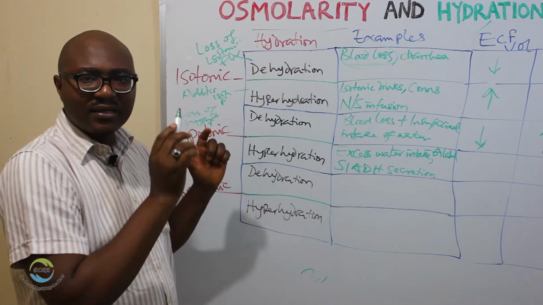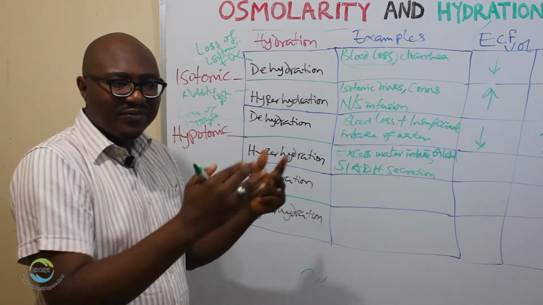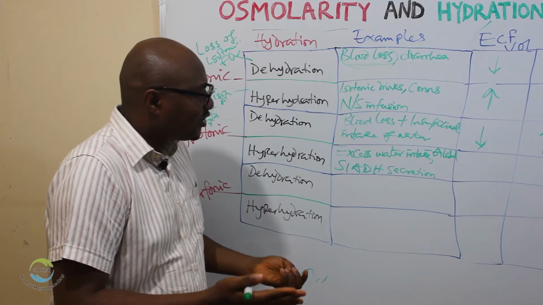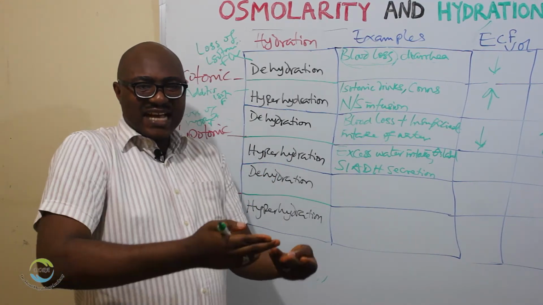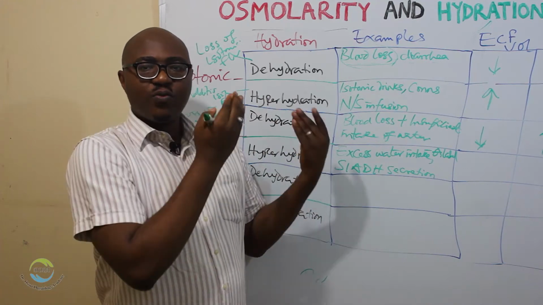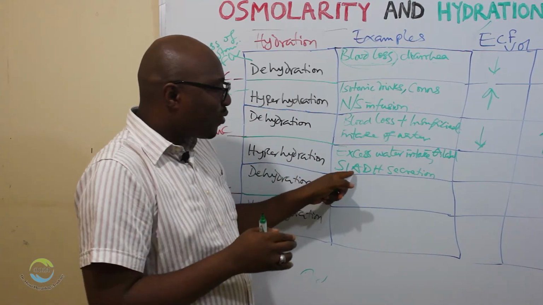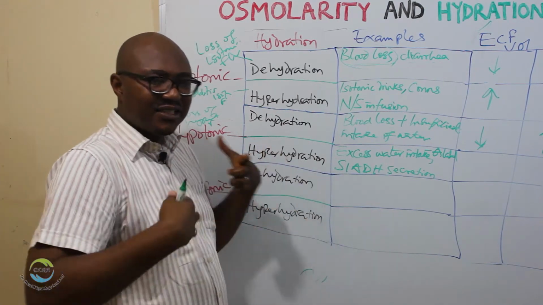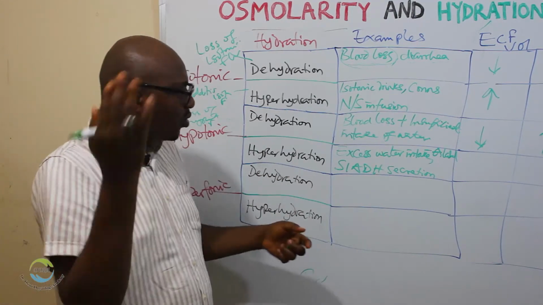Now, think back. What does ADH do? Antidiuretic. It prevents water loss. So ADH facilitates the reabsorption of water. So when there is inappropriate ADH secretion, that means excess ADH is being secreted. What do you think will happen? That means excess free water.